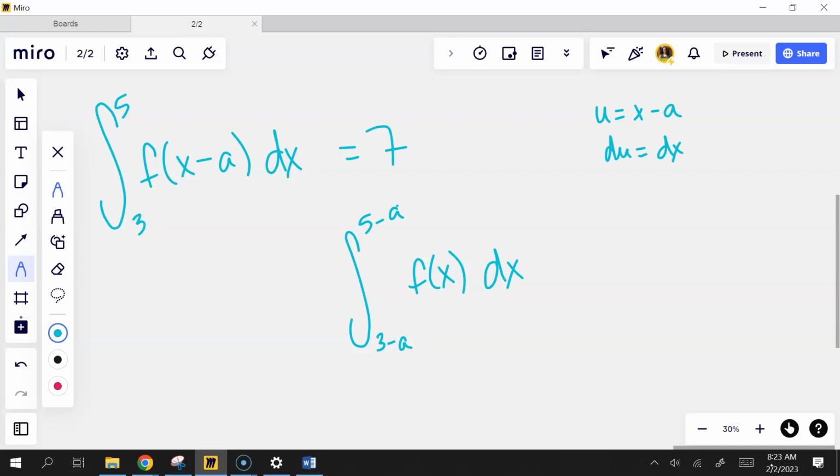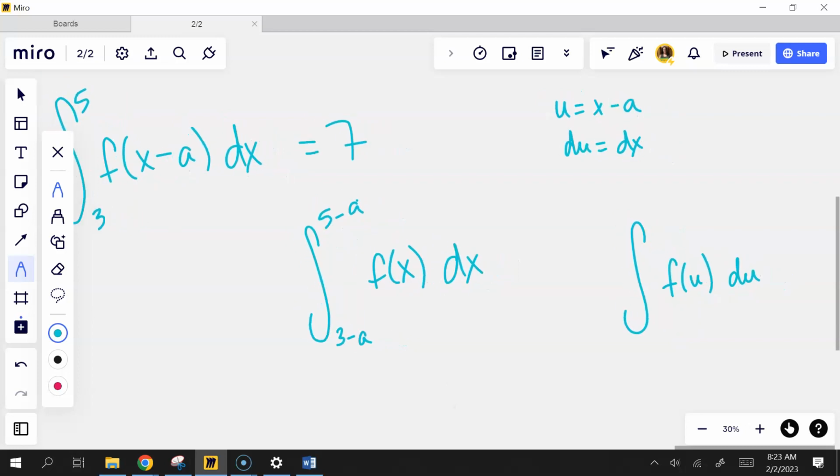It would have to also equal 7. Because if you let u be x minus a, then du is dx, and this is just the integral of f of u du.